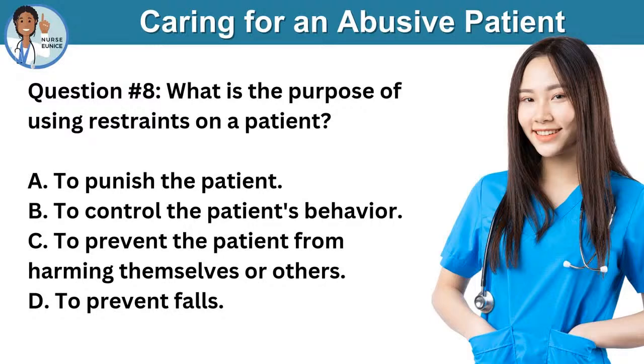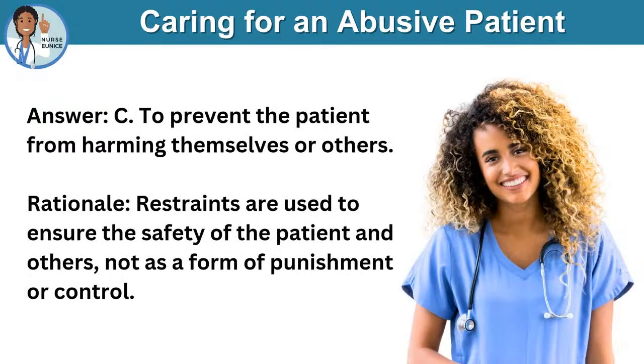Yes, perfect. Everyone knows the answer. The answer is C. We're going to apply restraint so that the person does not harm themselves or others. Restraints are not used as a form of punishment, and restraints do not prevent falls.